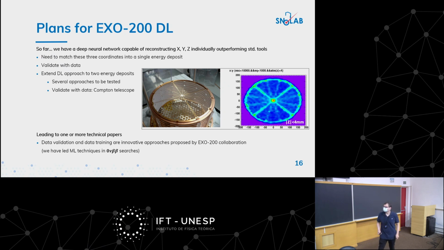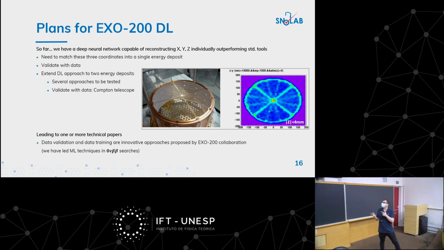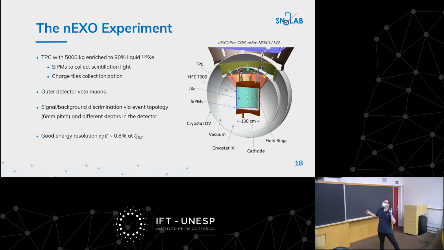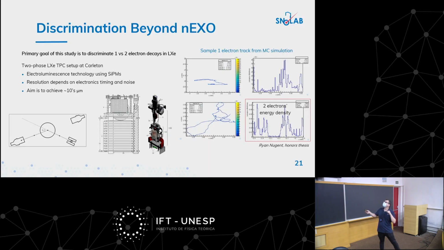Yeah, that's a good question. The technology we have here, this TPC, is liquid only, because it works to a precision of millimeters. But that's exactly what we're trying at Carleton. This is dual phase. nEXO is designed to reach its sensitivity with single phase, to millimeter resolution.